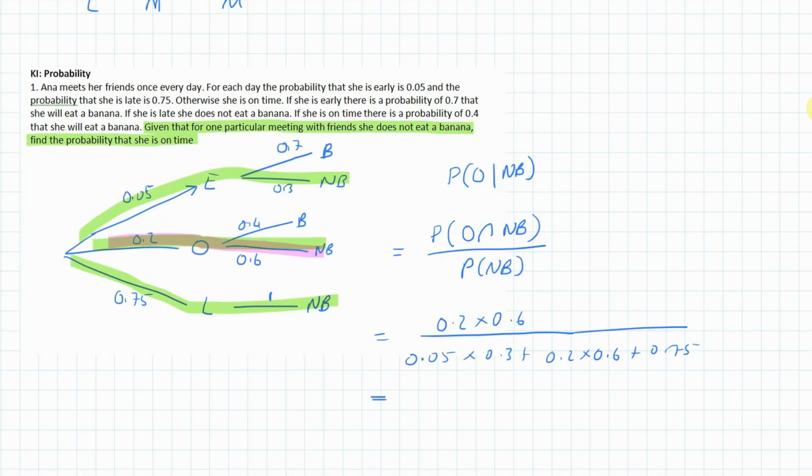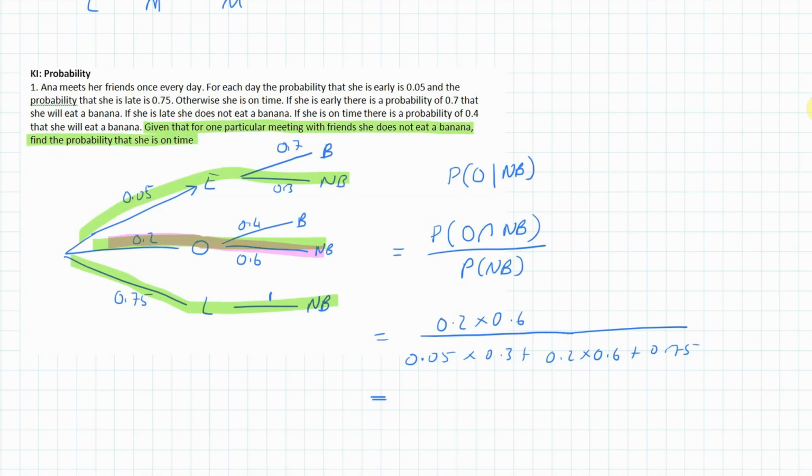Now, when we pop this onto our calculator, what are we actually going to get? That's a funny number. I've obviously made an error because I got higher than 1.